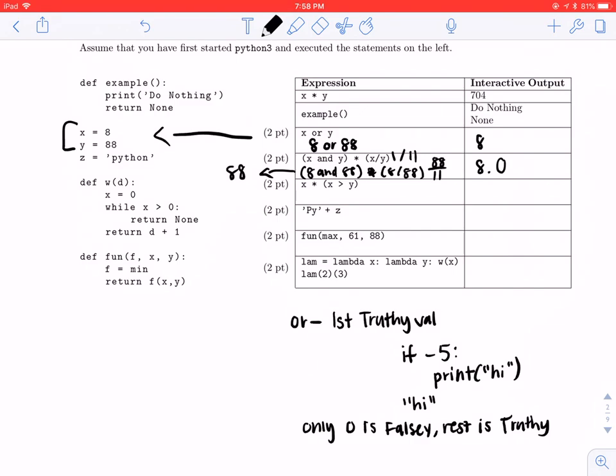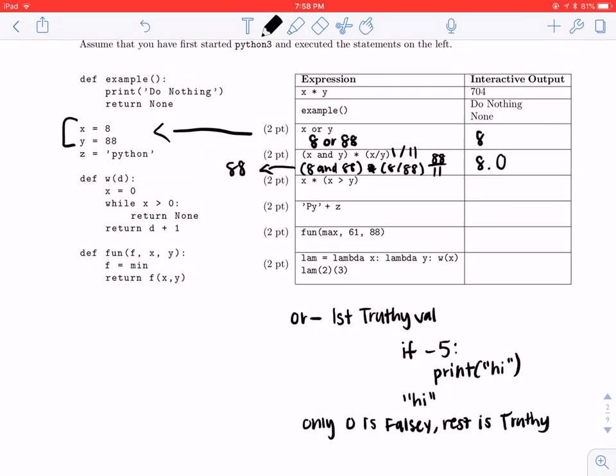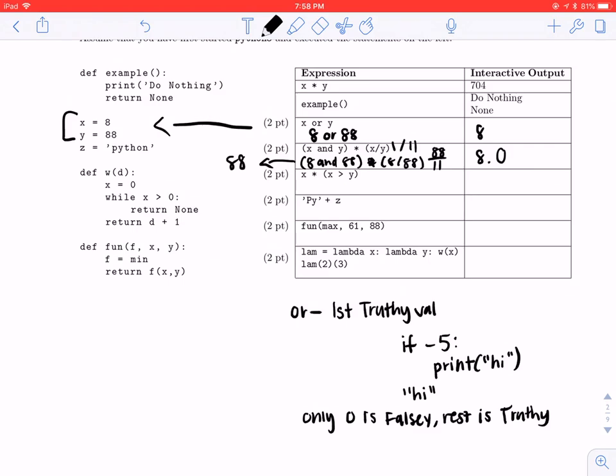Here 8 divided by 88, like 1 divided by 11, gives you a decimal. Even 4 divided by 2 gives you 2.0 instead of a whole 2 as an integer. Behind the scenes there's some typecasting going on, but just know that if you do a division, it turns the whole thing into a number with a decimal.